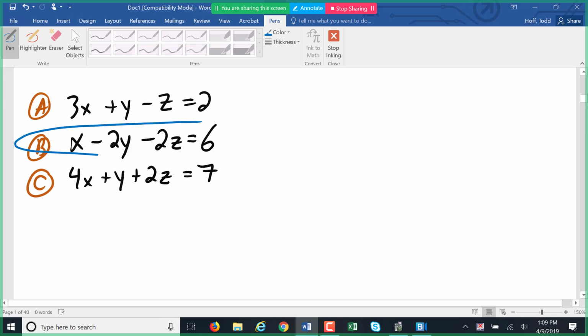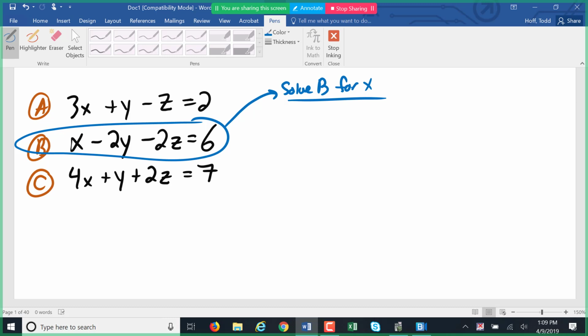That's equation B. I'm going to solve equation B for x. I could have solved equation A for either y or z, could have solved equation C for y easily, but I chose B, because I know just by experience that's going to give me all positives to work with.